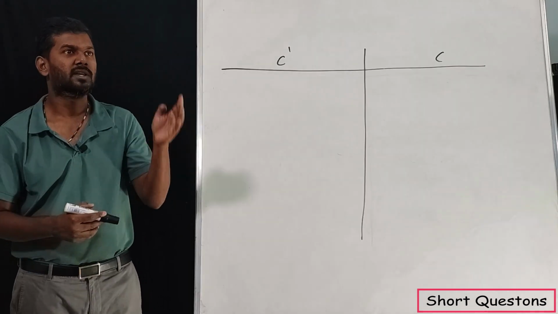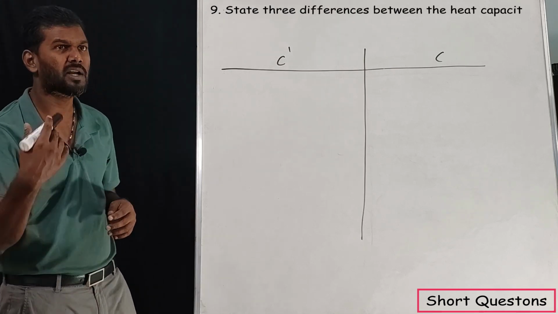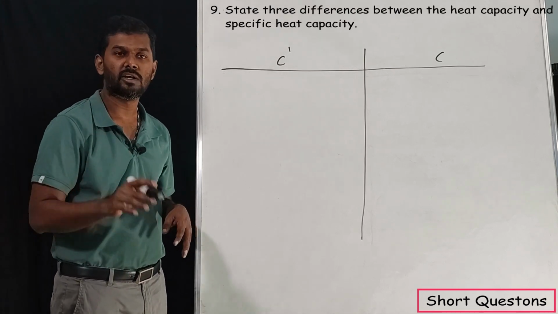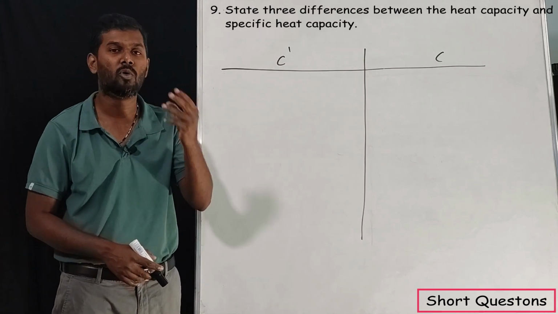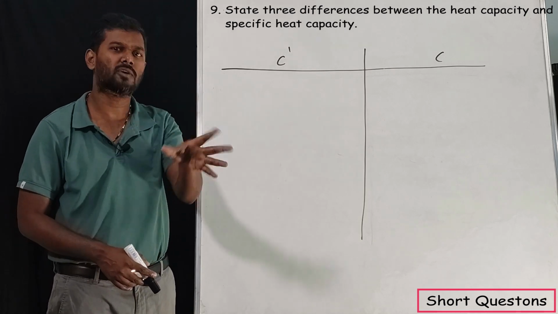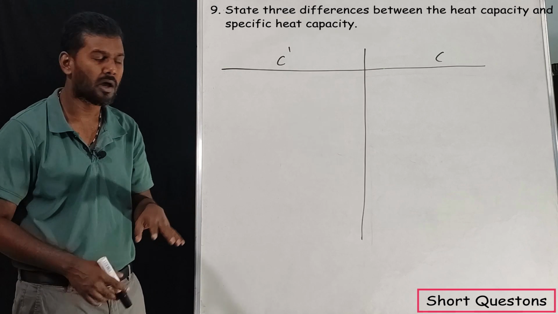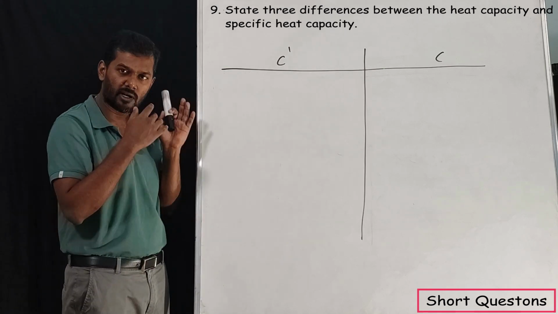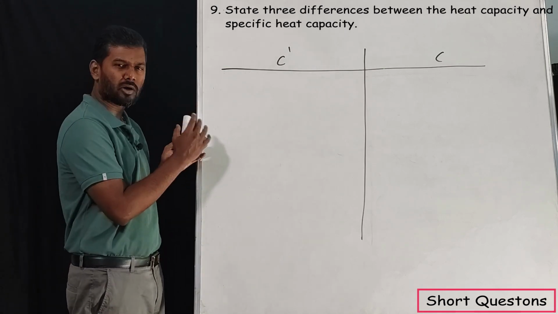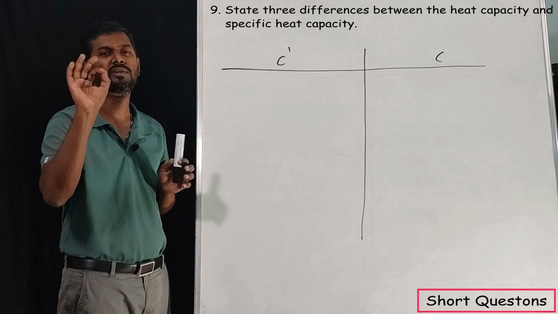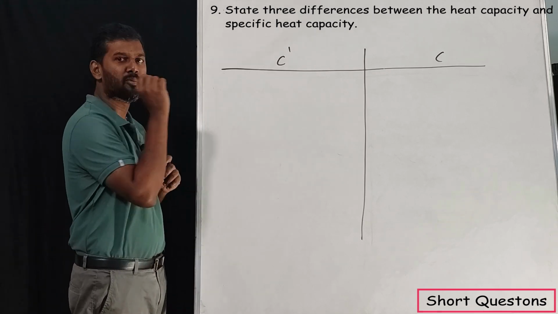Our next question: state three differences between heat capacity and specific heat capacity. See, as I told you, in the board exam they will not ask more than 2 marks. Most of the time they will ask only one difference between any two terms. So here they are asking 3, we will learn it for 3 in the exam. Which is easier for you? Always units are easy to get the marks, correct?